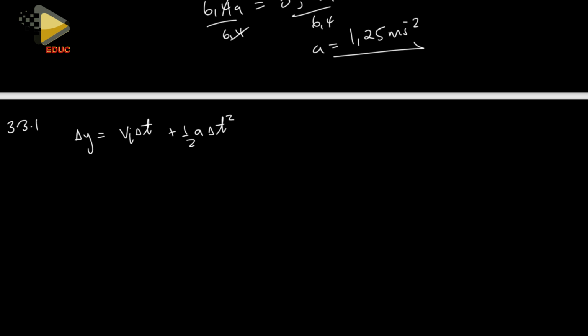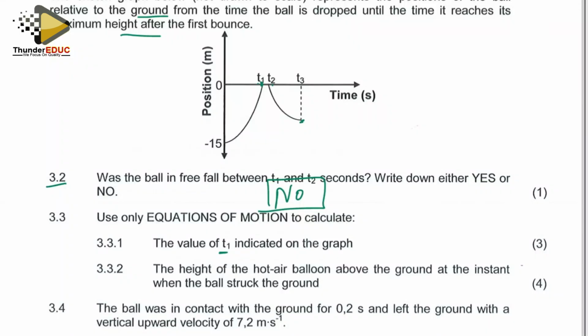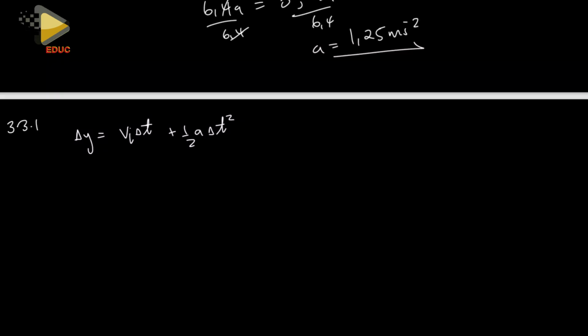Write the formula for your mark. Since the stone or the ball fell through 15 meters, our change in y is going to be 15. We're looking for the t, but the initial velocity was 3,4.